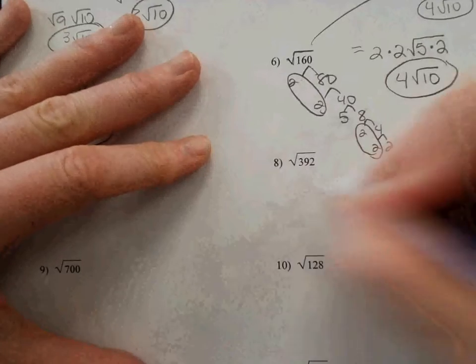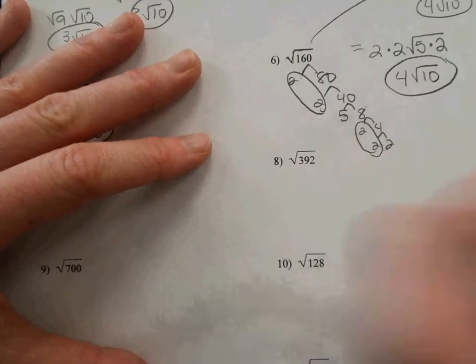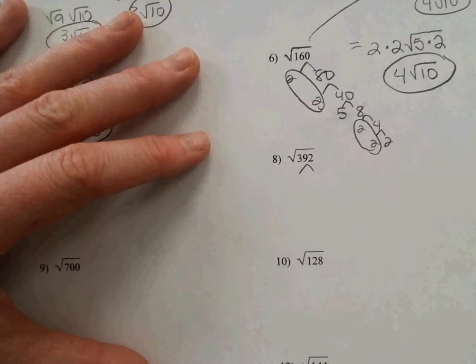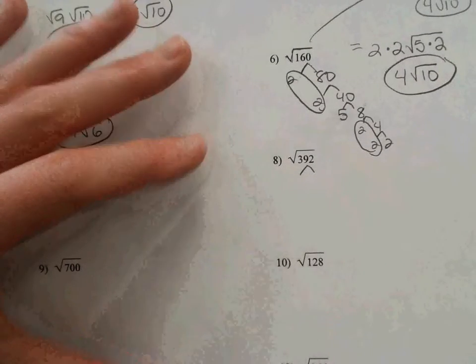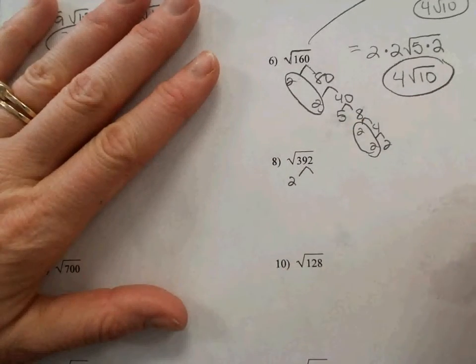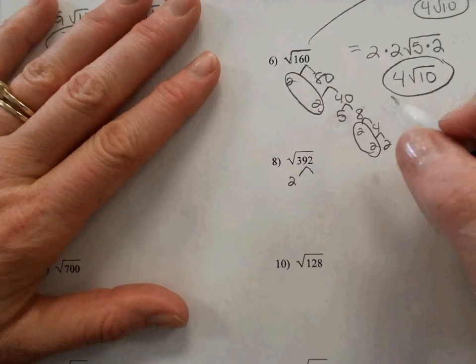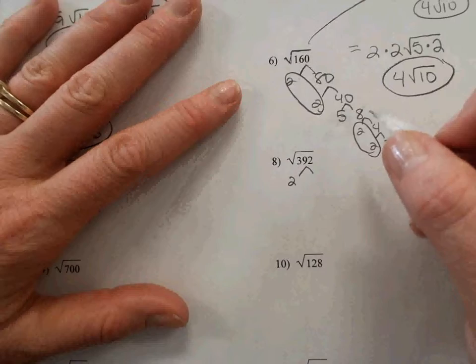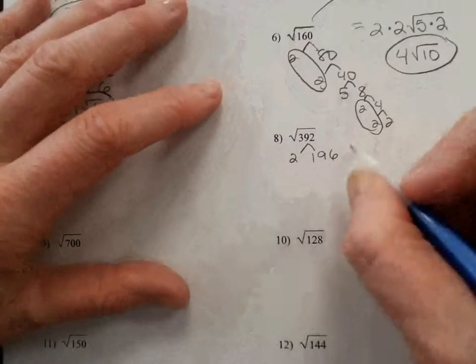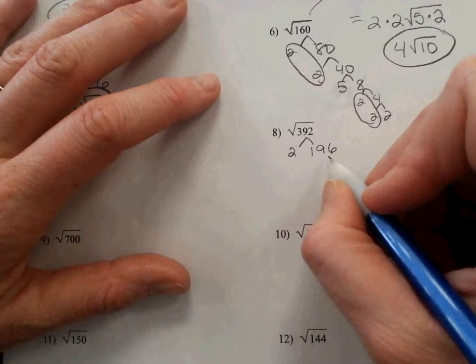392, is that a perfect square? Okay, so what are two factors of 392? 2 and 196, okay? 196 is a perfect square.